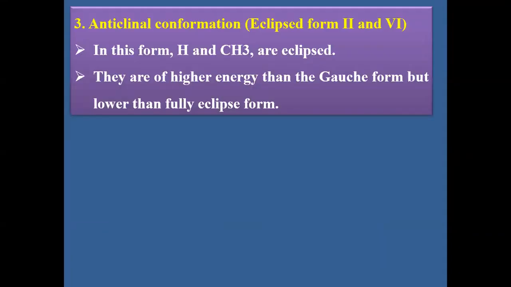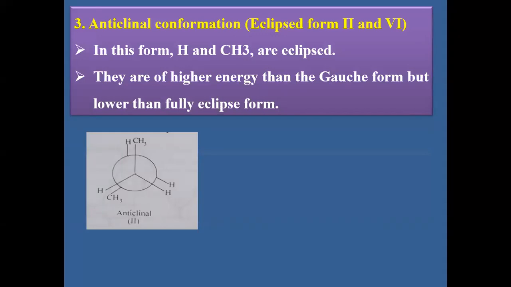Now we have an anticlinal form. Anti means methyl groups are away from each other, and clinal means they are not in the same plane. So in this form, hydrogen and methyl groups are eclipsed, meaning they hide each other, as you can see here also. There is a complete hide.